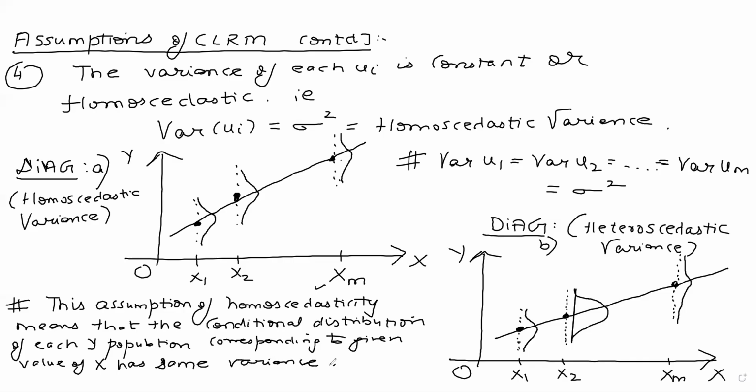This is another way of saying it, guys. One way of saying it is that variance of ui is sigma square.